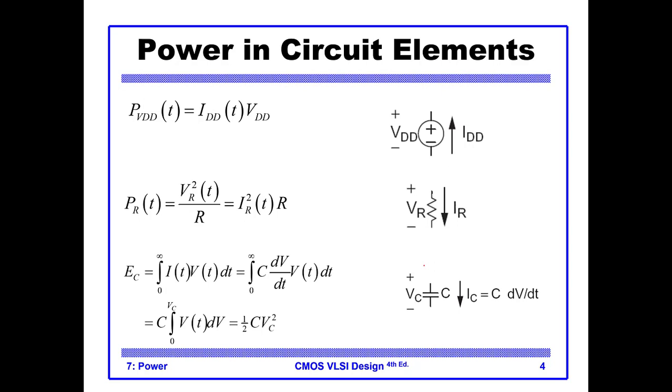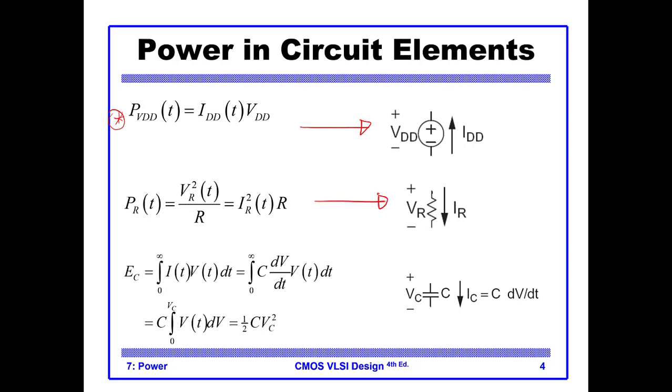So for example, for supply voltage VDD in which a current IDD flows, you can write the power of the supply PVDD as a function of time equal to IDD as a function of time multiplied by voltage, which has a fixed value VDD.